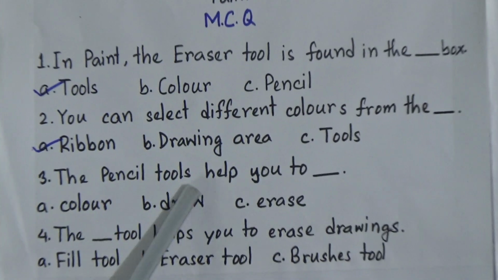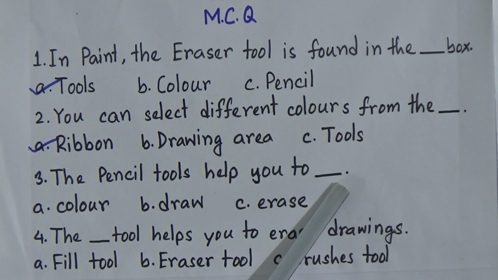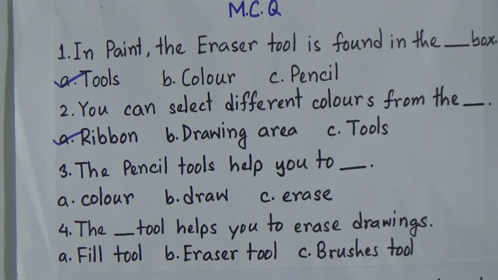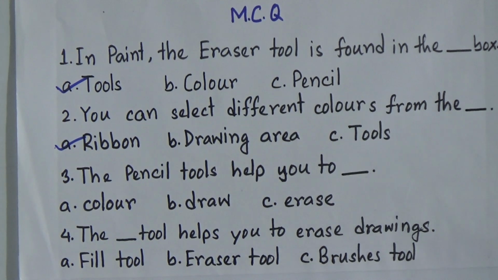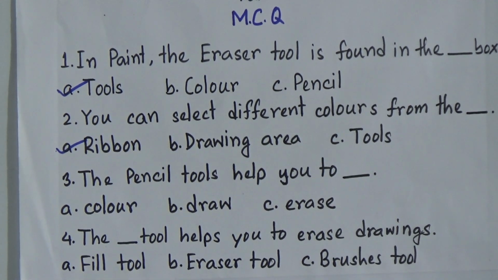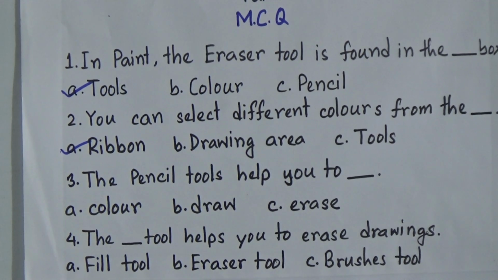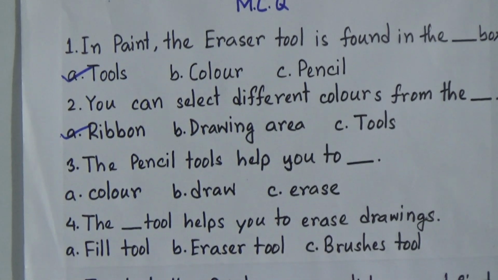Now number 3. The pencil tool helps you to dash. What? Option A, color, option B, draw, option C, erase. We all know that the pencil tool helps us to draw. You can go to your book, page number 40, points to remember.